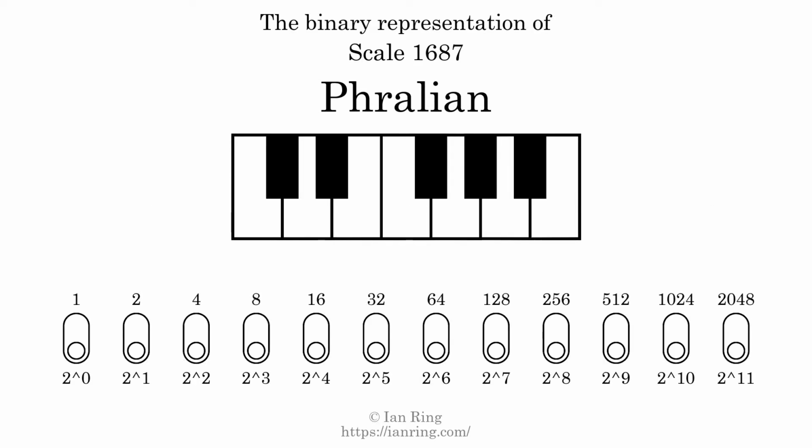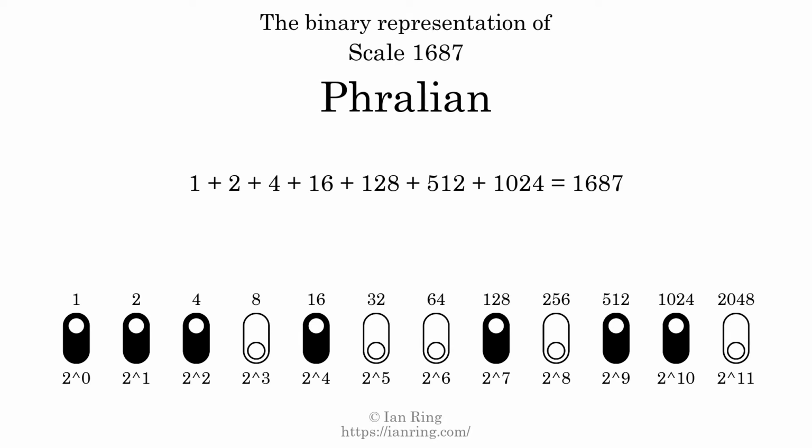The binary representation of this scale is determined by mapping tones of the scale to binary digits. Each binary digit represents a power of 2. To get the scale number, we add the powers of 2 together. The powers of 2 that are present in the scale, all added together, equals 1687.